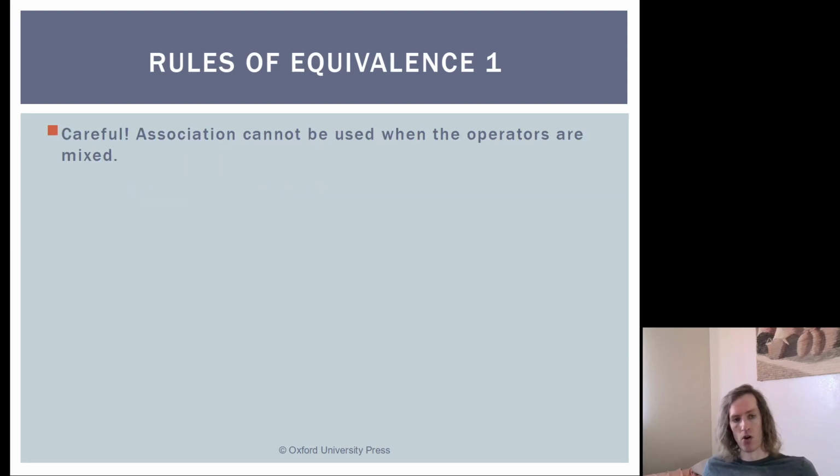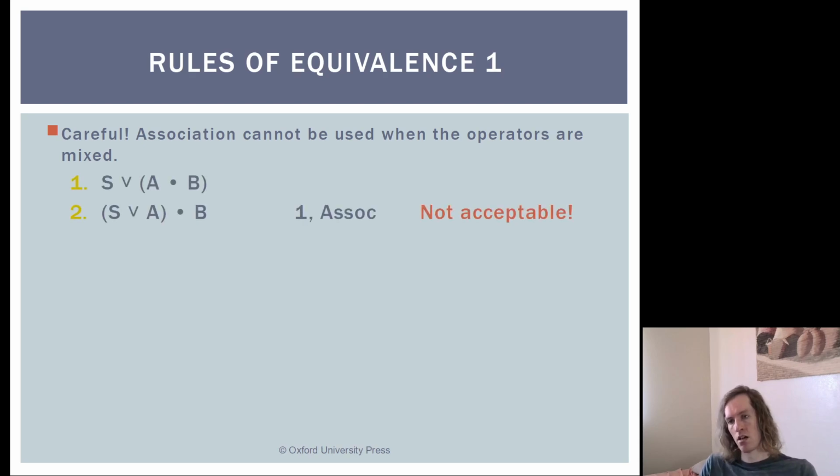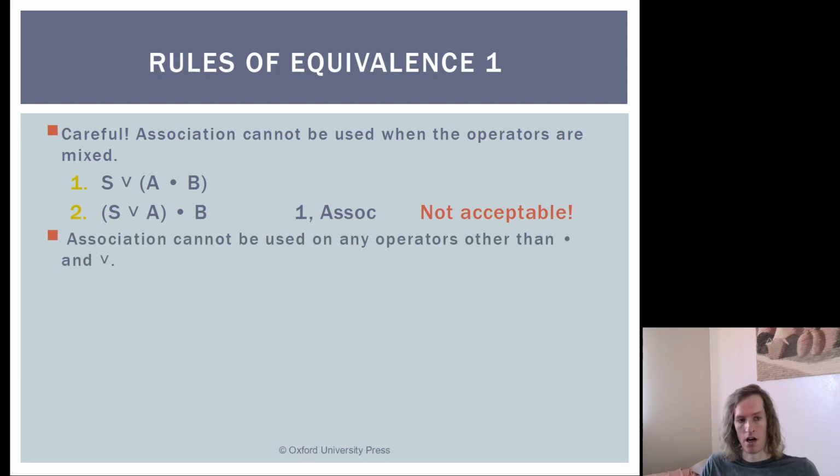All right, so careful. Association cannot be used when the operators are mixed. If we have S or A and B, we can't use association to move the parentheses over. We can only use association when we have all disjunctions or all conjunctions. So that's very important to keep in mind.